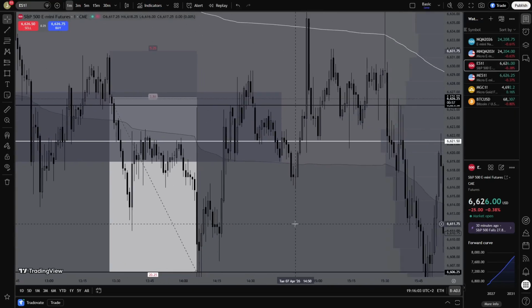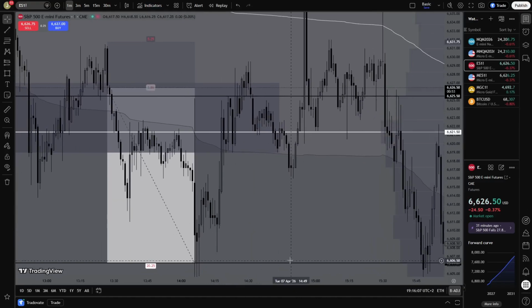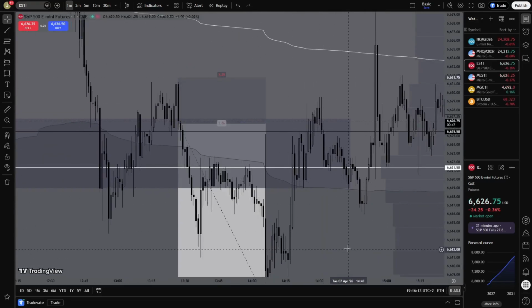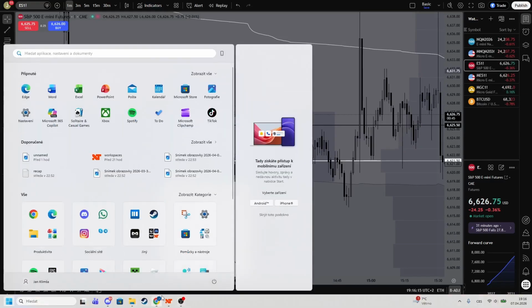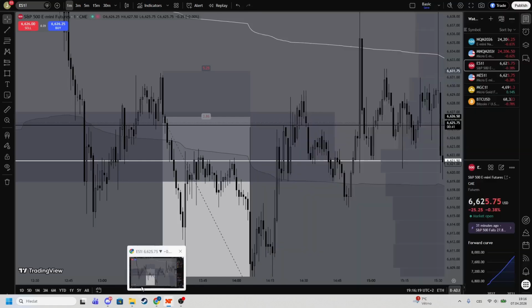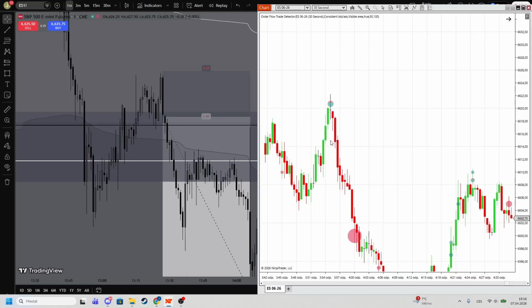Also, you could have traded this move, but targeting this wouldn't be an option, or it would be an option, but it would not work out. You would get stopped. My stop loss was just above this. Oh, yeah, this is the previous.